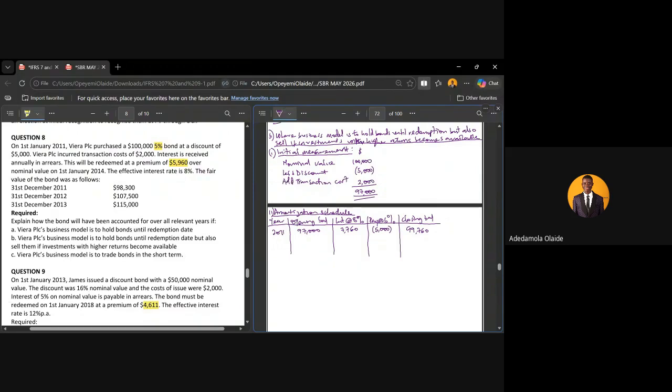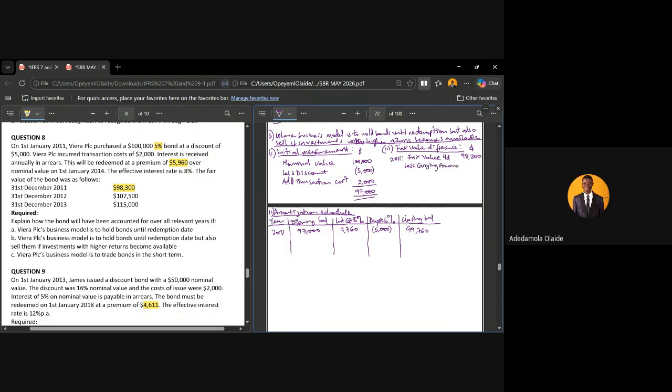But because they can also sell, it triggers us to calculate fair value difference. So the fair value difference for 2011 will be fair value at the end of the year. Fair value at the end of 2011 is 98,300, less carrying amount.